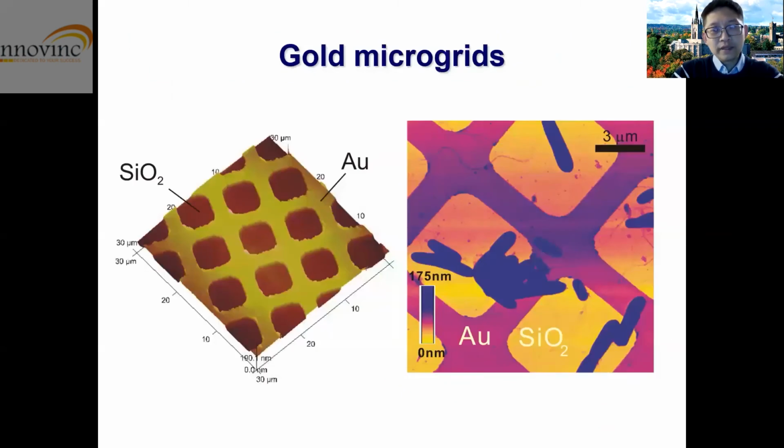And what we did, we make the gold micro grid, and then place the bacteria on the substrate. If we find a bacterial nanowire just in contact with one electric gold pad, then we will choose that bacterial nanowire to do the measurement.